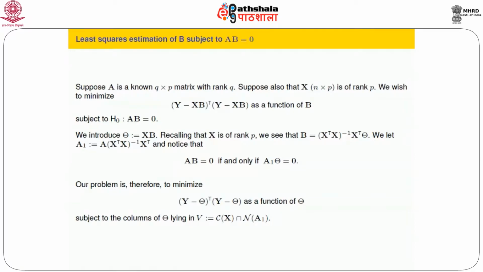Since X is of full column rank, we have the unique representation theta hat H equal to X B hat H, where B hat H is the required restricted least squares estimate of B. I repeat that this is the problem we are addressing, and what we have done is replace the problem of finding the estimate of B by the problem of finding the estimate of theta subject to A1 theta equal to 0, where the columns of theta are also in the column space of X.